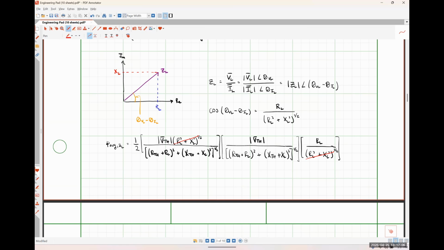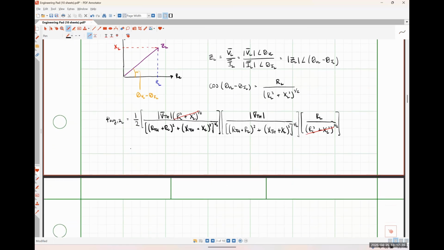Since my denominators for the voltage term and the current term are exactly the same and they both have a square root, when I multiply them together, that's just going to get rid of that square root sign. And so the result of this is going to simply be 1/2 times, let me put my denominator down here first, RTH plus RL quantity squared plus XTH plus XL quantity squared.